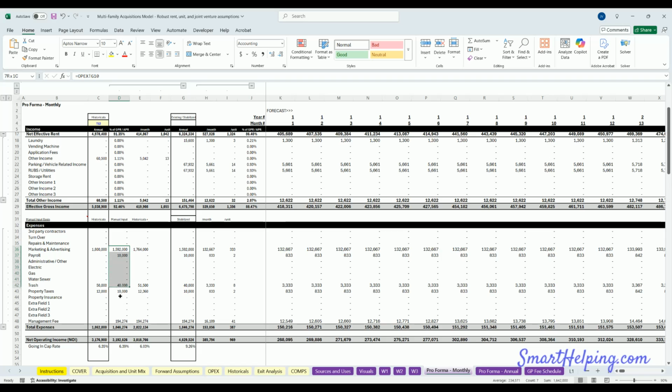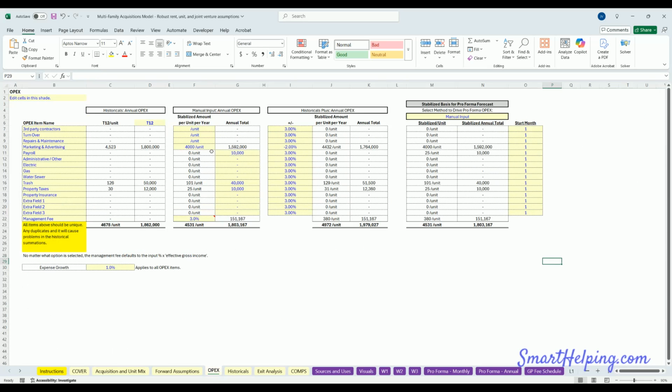Then we could say, well, what if we want to measure the same rent and income against a different set of expenses and see what's the going in cap rate at that point. So we've also got a manual input for expenses scenario. And here you can see on the OPEX, we're basically just looking at these three expense scenarios against the T12 revenue. The manual input allows you to manually input some of these different assumptions to come up with the expenses versus the T12.